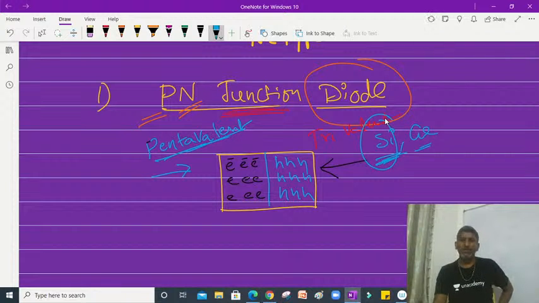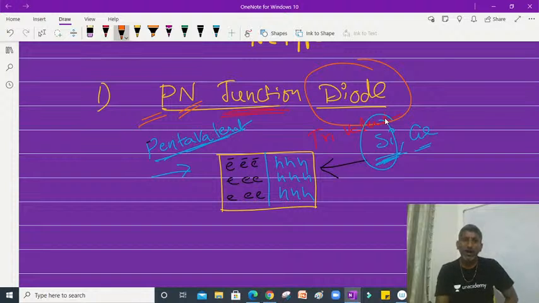For this pure, or intrinsic, semiconductor, I am doping with pentavalent on one side and trivalent on the other side. As you know, in this case these electrons and holes are not in equilibrium condition.